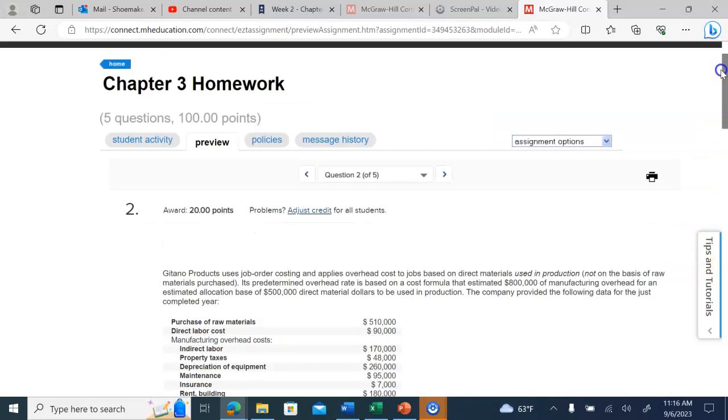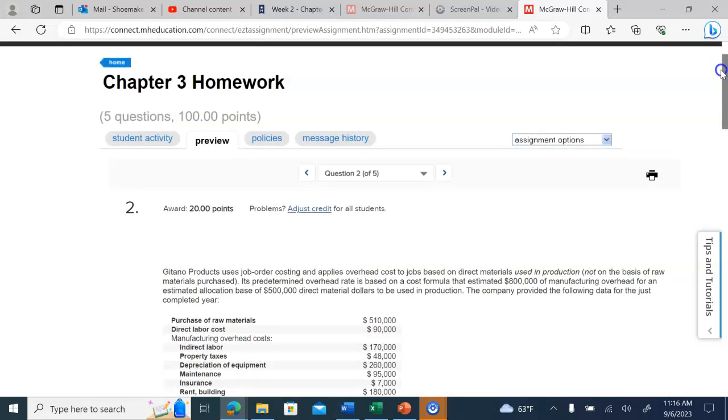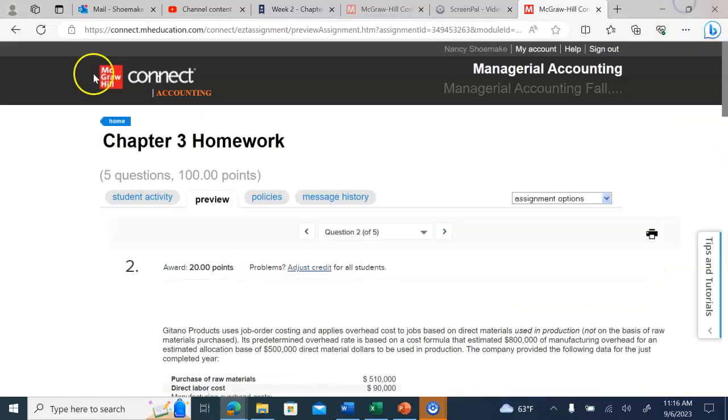Number 2. This is number 2 homework. Gitano products. How could half the information be different?